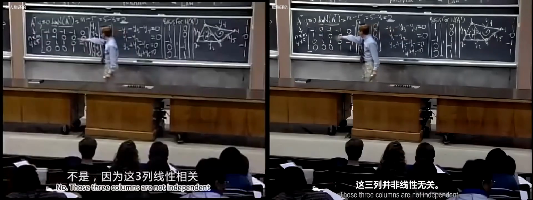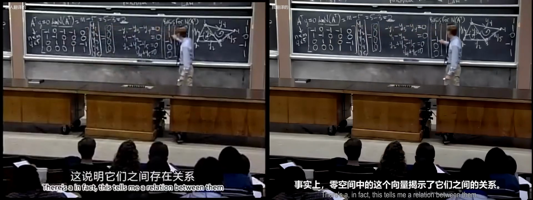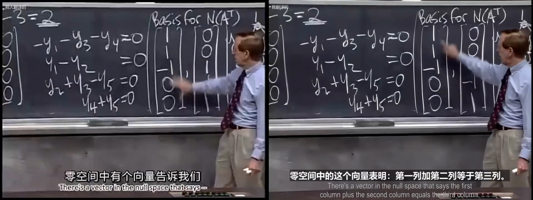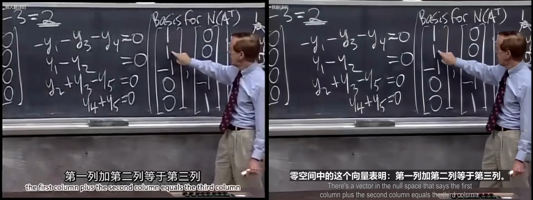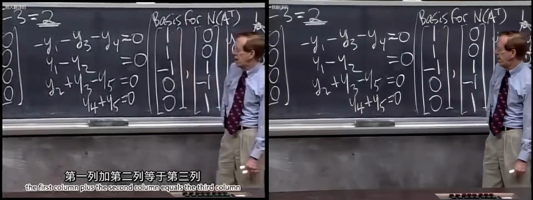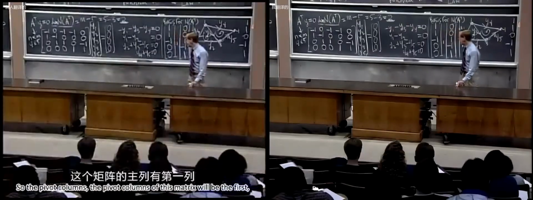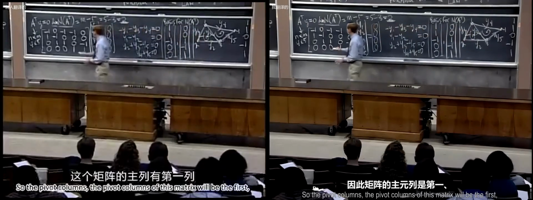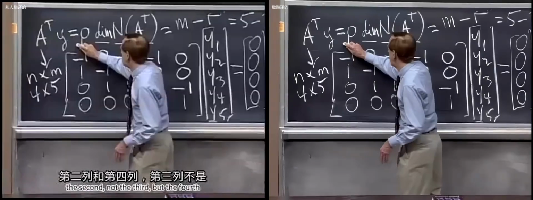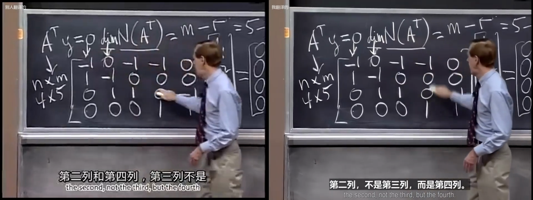Those 3 columns are not independent. In fact, this tells me a relation between them. There's a vector in the null space that says the first column plus the second column equals the third column. They're not independent because they come from a loop. So the pivot columns of this matrix will be the first, the second, not the third, but the fourth.